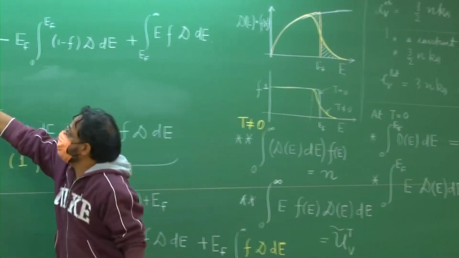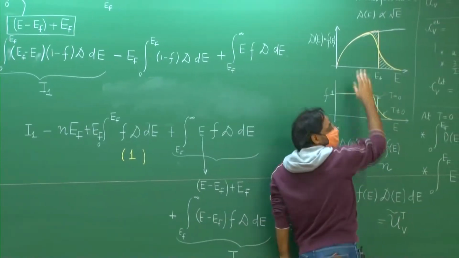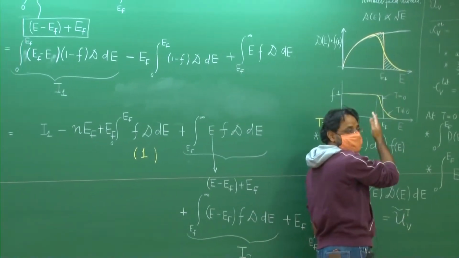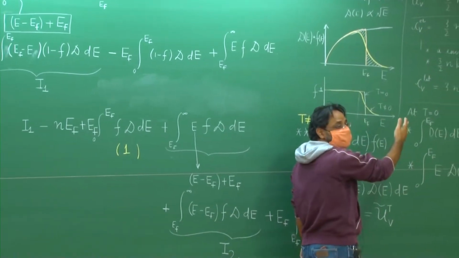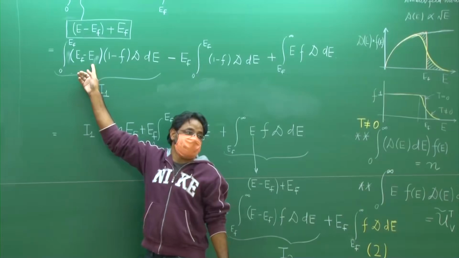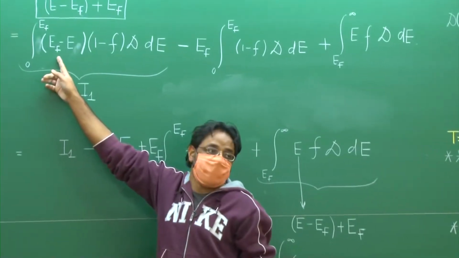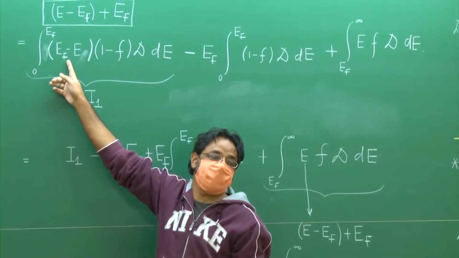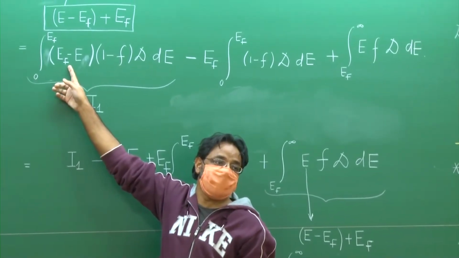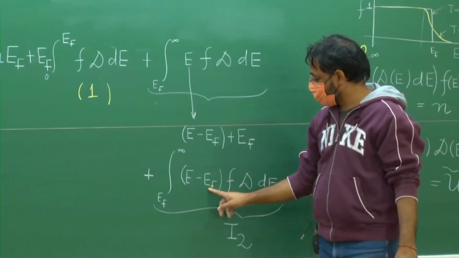This integral gives you the energy cost in removing an electron from inside the Fermi sphere and bringing it to the Fermi level, because this is EF minus E. So, your energy cost in bringing up to EF from an eigenstate which is located at energy E less than EF is E minus EF. Here E is greater than EF.